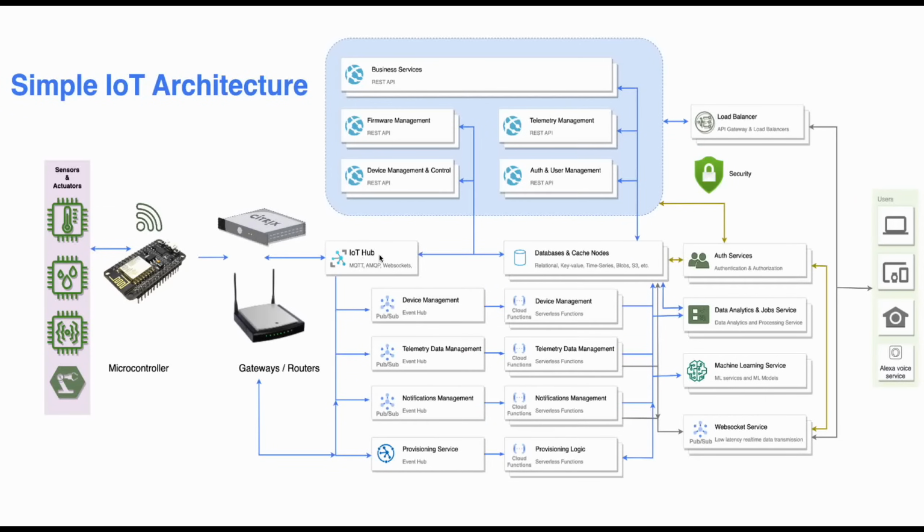So we have the IoT hub, and then we have databases and business logic with the telemetry, authentication, user management. We also had device management, telemetry, right? So we went through all of this. There's a lot here, including authentication services, data analytics, machine learning, and a WebSocket protocol, right?